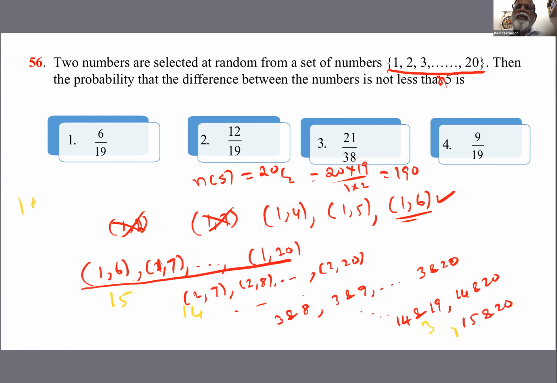So 1 plus 2 plus 3 plus etc. up to 15. n into n plus 1 by 2, 15 into 16 divided by 2, that is 120. So from 190, you remove 120, 70 cases.